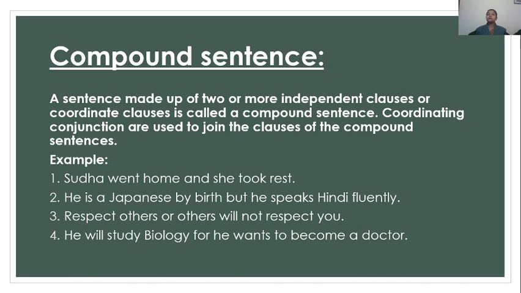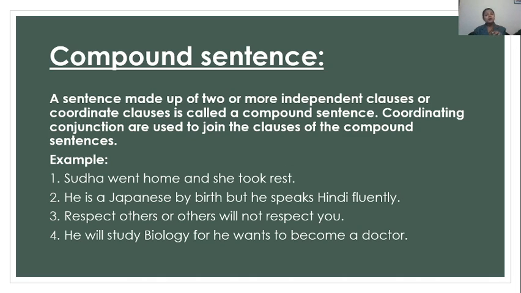Compound sentences are made of two independent clauses. It takes two simple sentences, two independent clauses, to make one compound sentence. A simple sentence has only one independent clause, while a compound sentence has two independent clauses.